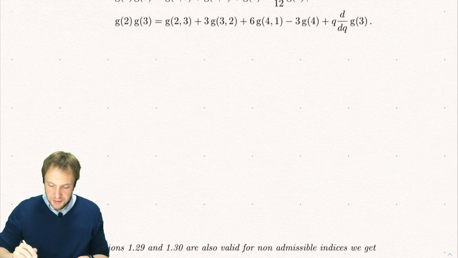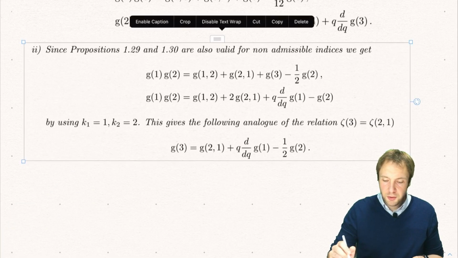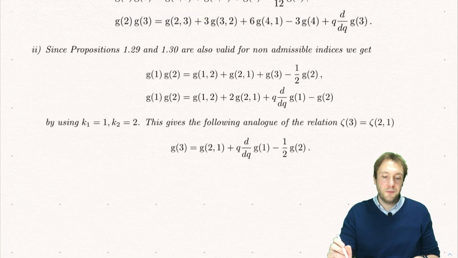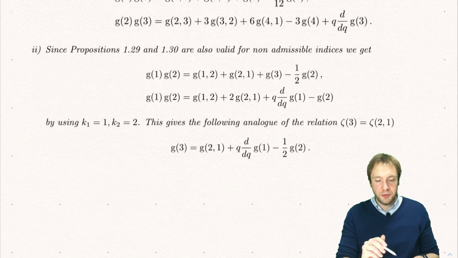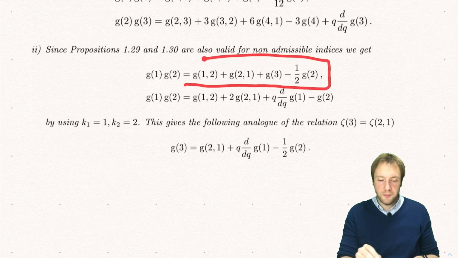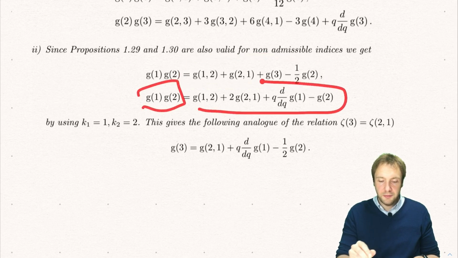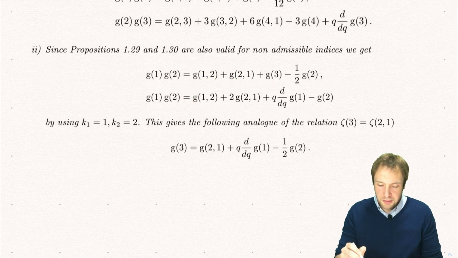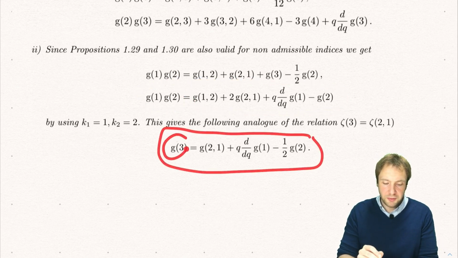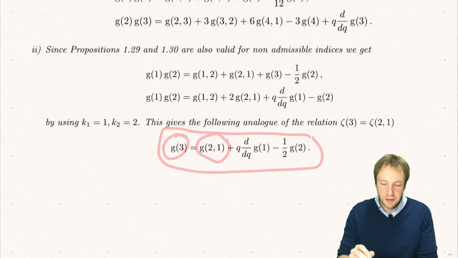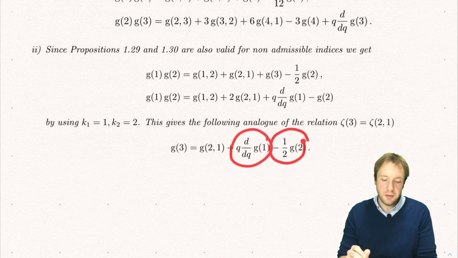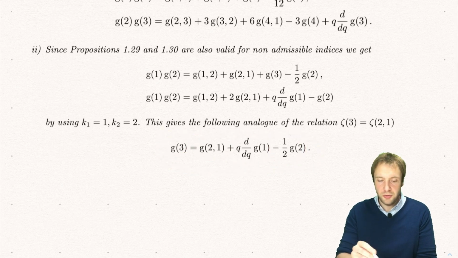And another example: because these formulas also work for non-admissible indices, we can also take the product of G1 with G2. So the stuffle product formula gives this, and the shuffle product formula gives this. Therefore we get the linear relation that G3 equals G21 plus some derivative of G1 and some multiple of G2.